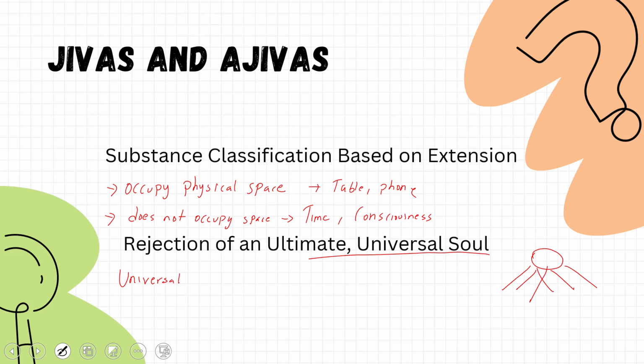So in Hinduism you have the concept of Brahman. Jainism does not believe in this universal soul, but for Jainism we see that each soul is distinct and unique.